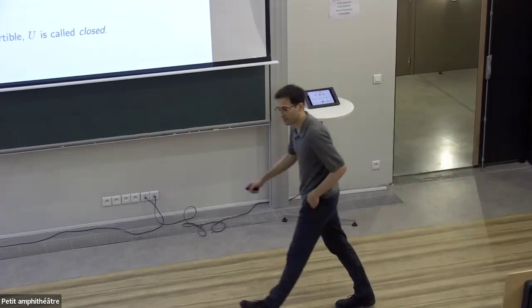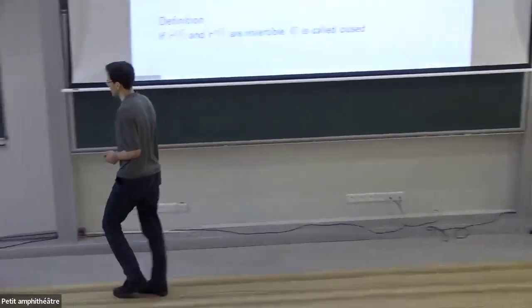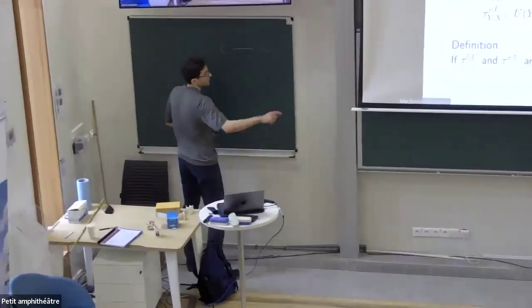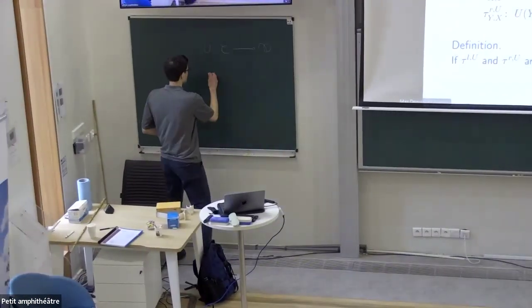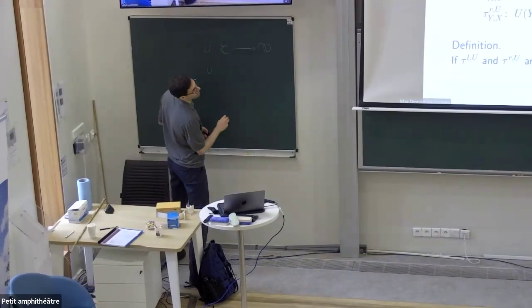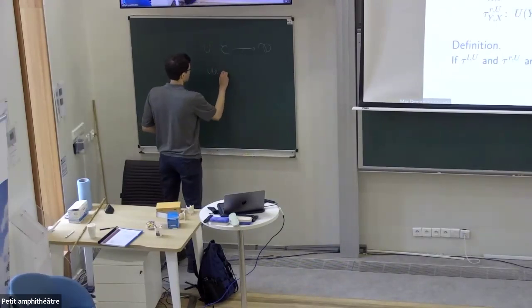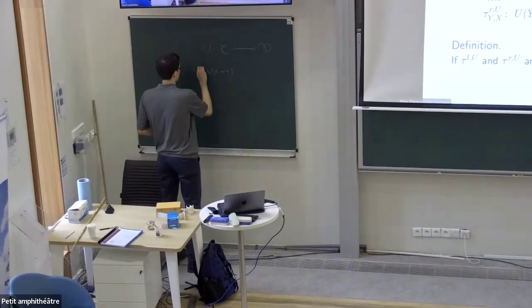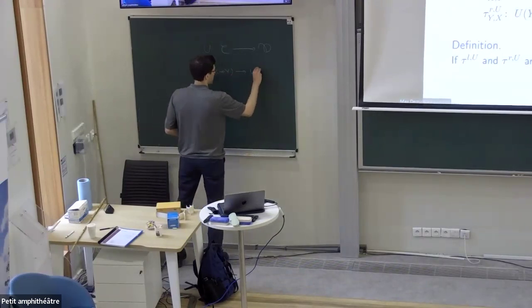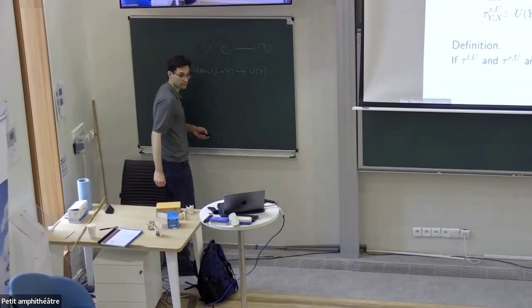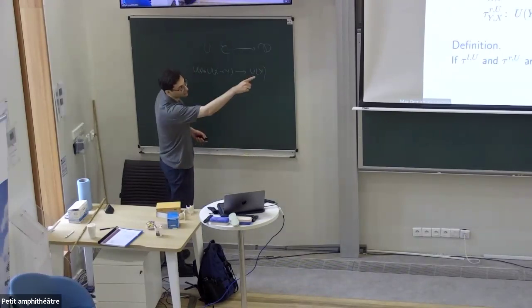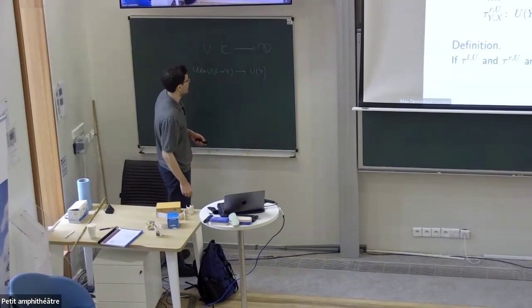Okay, sorry, should I write it down? Yes, it would be easier to understand. By adjunction, for the top line it suffices to specify a morphism. Can you write it more precisely?